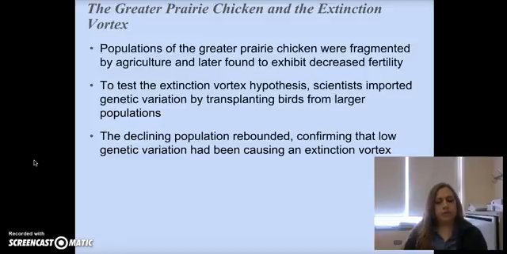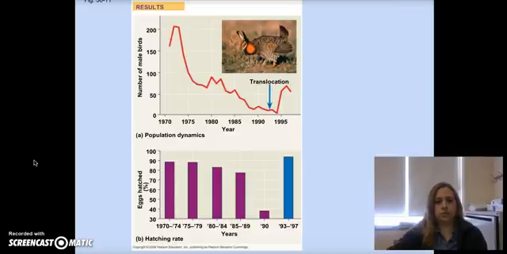And actually what happened was the declining population rebounded, and that confirmed that low genetic variation had been causing an extinction vortex. And so this is what we are looking at here. So again, we've got the number of birds. This is the number of male birds. You can see it is steadily declining. And then here you can see this is where the translocation took place. And then what happened after that is the eggs hatched increased.